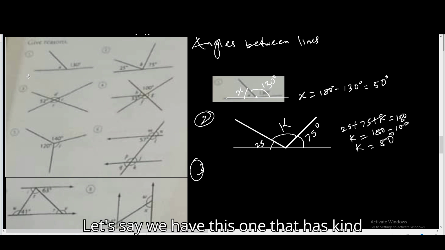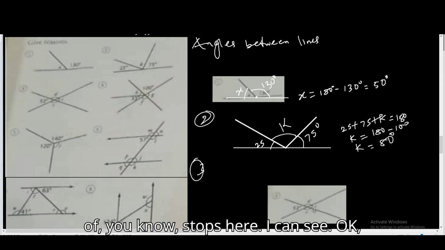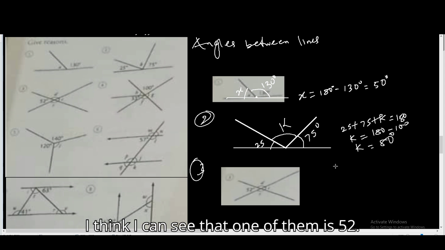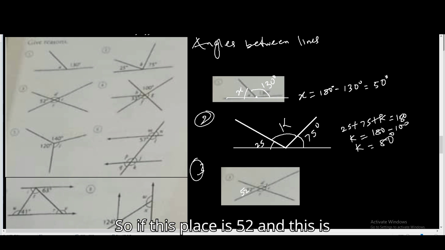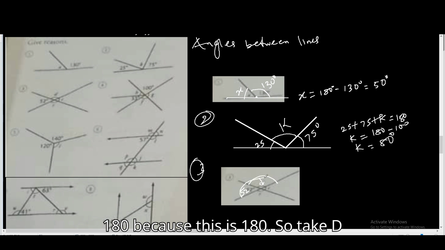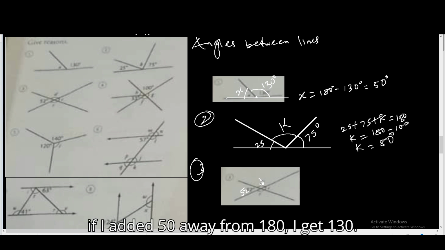Let's say we have this one that has kind of stuff here. I think I can see that one of them is 52. So if this place is 52 and this is D, obviously just take D out of 180 because this is 180. So take D out of 180, you get it. So if I take 50 away from 180, I get 130.